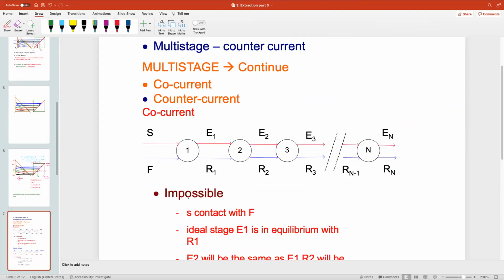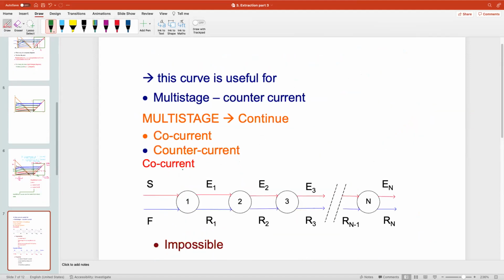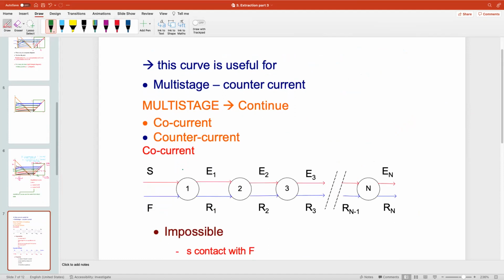All right. Okay, so this curve that I explained to you between y and x is very useful for multi-stage or countercurrent extraction. Again, you understand about distillation.